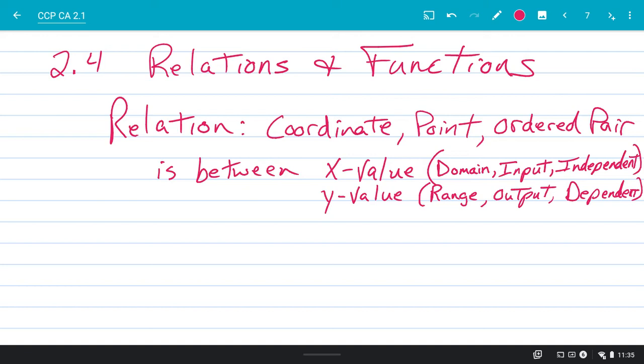Because you could ask the exact same question and say, hey, what's the x values? Oh, it's 2, 3, 4. You know what I'm saying? Okay, so a relation is just an ordered pair. Anytime that we can come up with an input and an output, we have a relation.